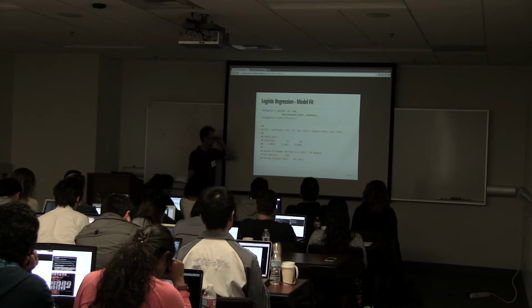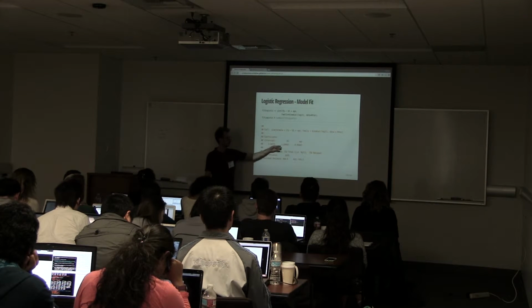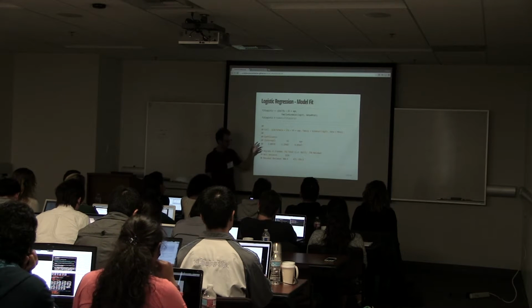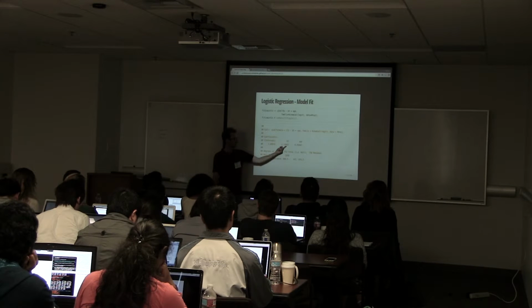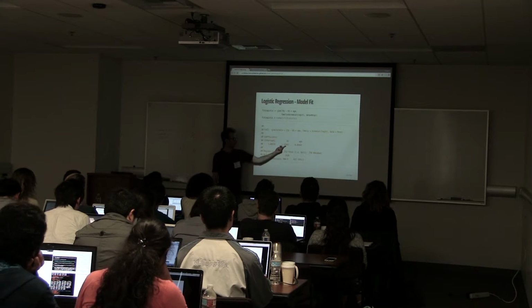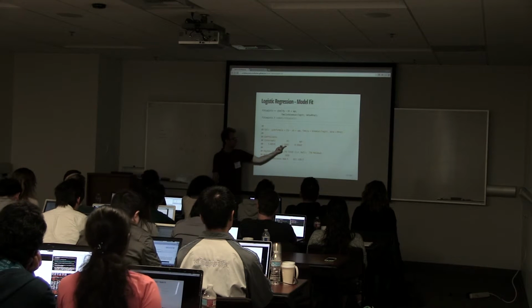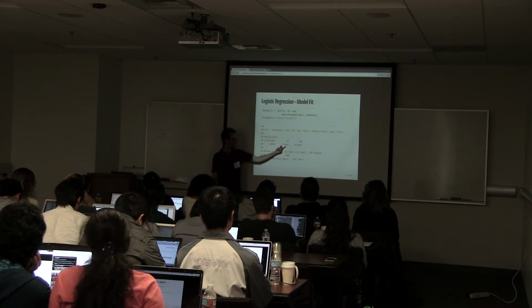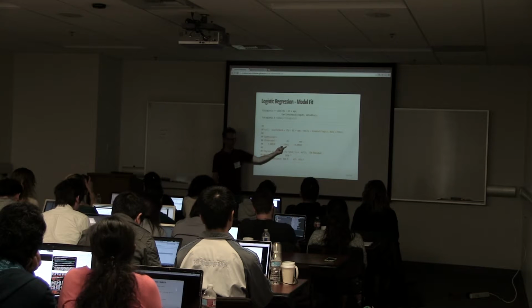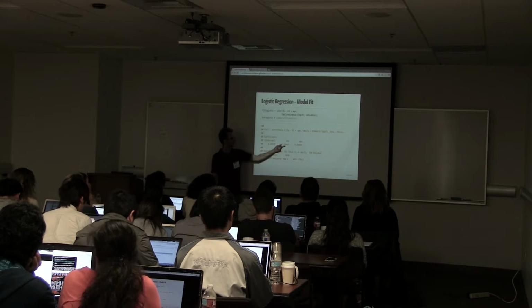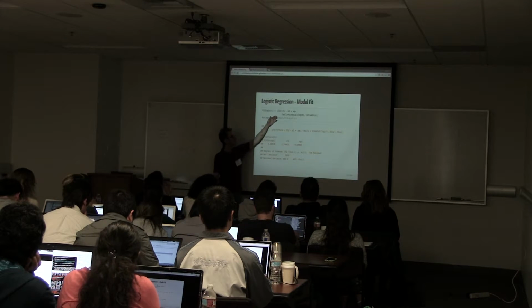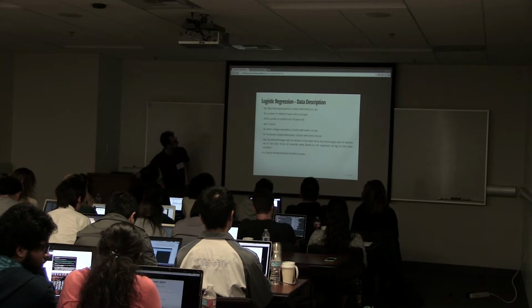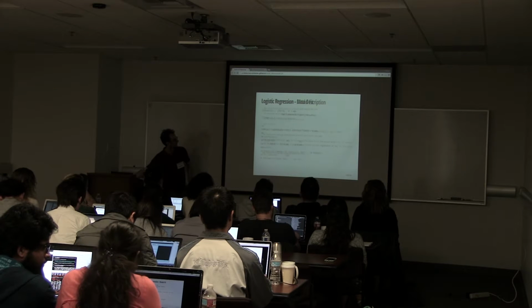So the output is very similar. With logistic regression, the interpretation of the coefficients changes because you don't have the same output and there's a link function. So this is referring to how much a unit increase in K5 affects the log odds ratio of LFP, labor force participation, which is what we're trying to predict.